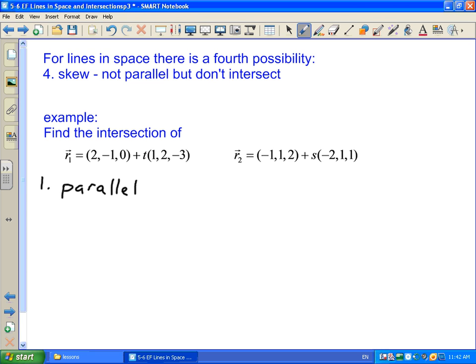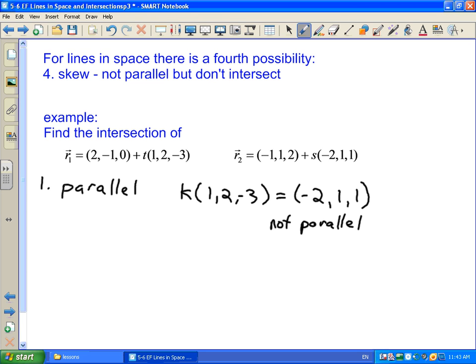So you're comparing our direction vectors: is there some scalar k such that (1, 2, -3) is going to equal k times (-2, 1, 1)? We can see just by looking at it that it isn't going to work. If k was negative 2, I could get my x over here, but that's not going to give me my y's or my z. So these guys are not parallel, as we already knew.